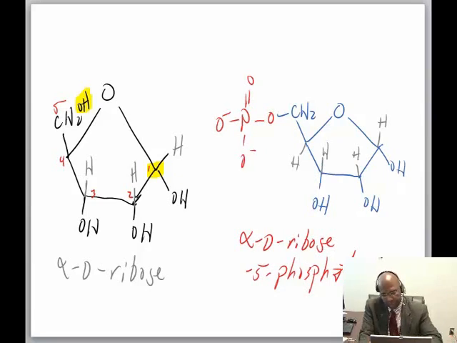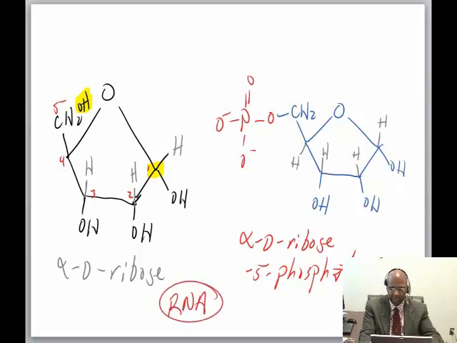It's found in RNA and in nucleotides. Alpha D ribose 5-phosphate. And that concludes our sugar esters, or our sugar phosphoesters.